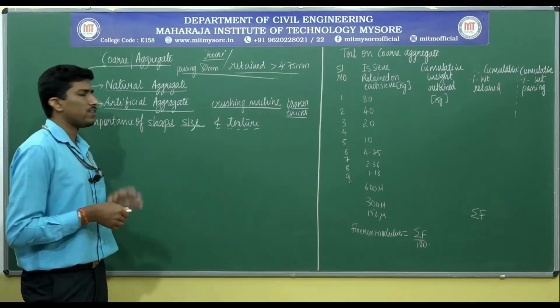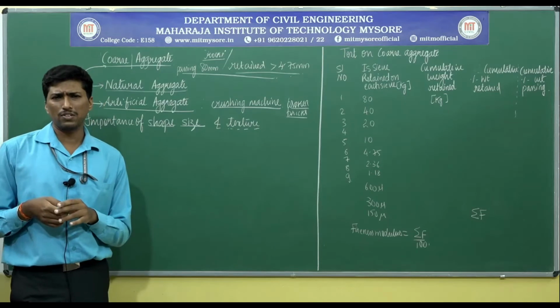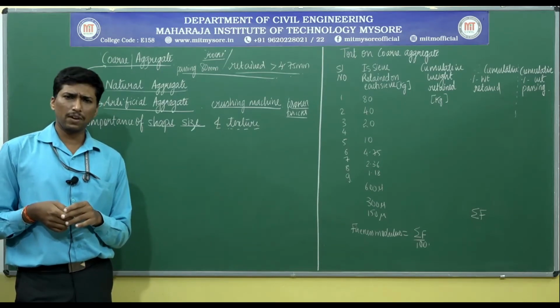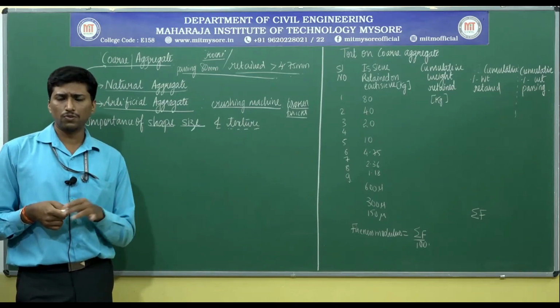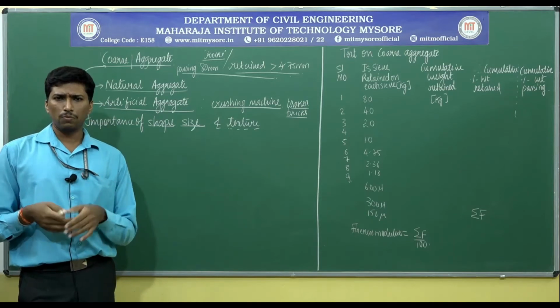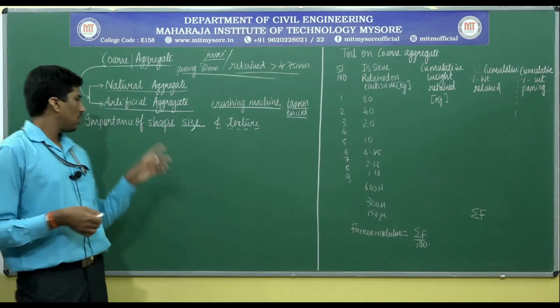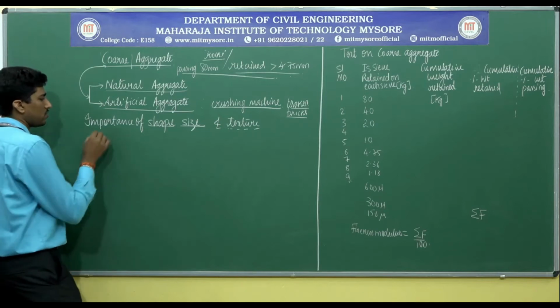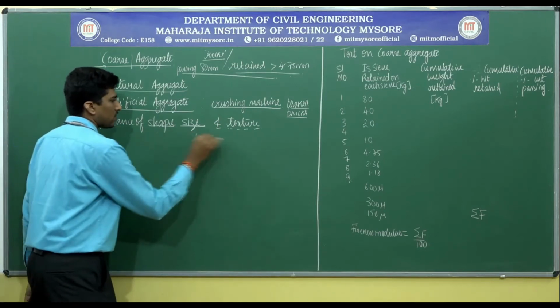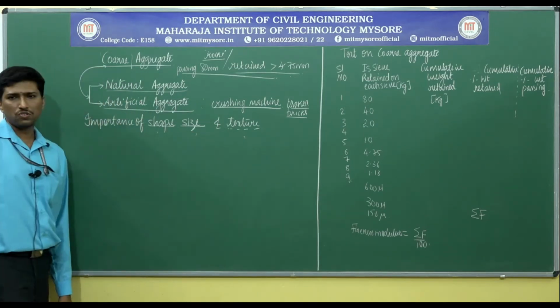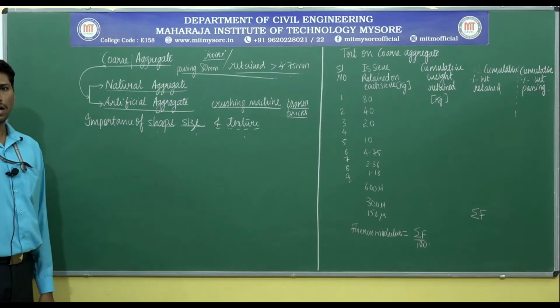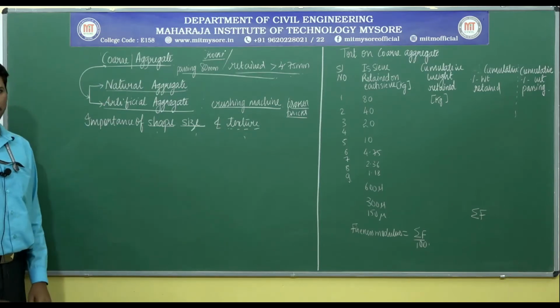What about in the case of aggregate? How can you determine it? The major thing is to determine the shape, size as well as texture. This is the fundamental aspect that you need to learn for construction.